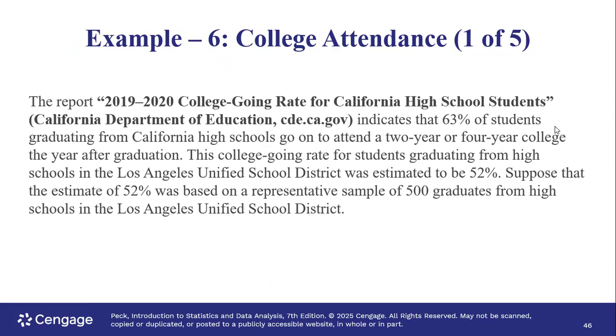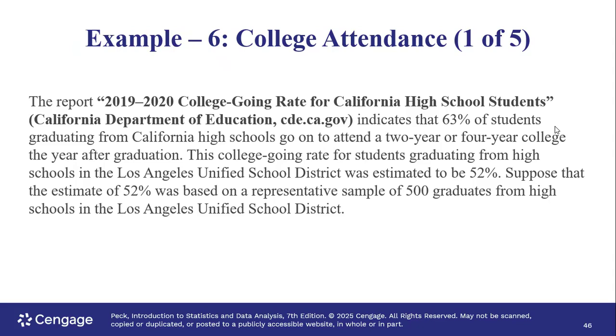The report indicates that 63% of the students graduating from California high schools go on to attend 2-year or 4-year college the year after graduation. This college-going rate for students graduating from high schools in Los Angeles Unified School District was estimated to be 52%. Suppose that the estimated sample proportion of 52% was based on a sample of 500 graduates.